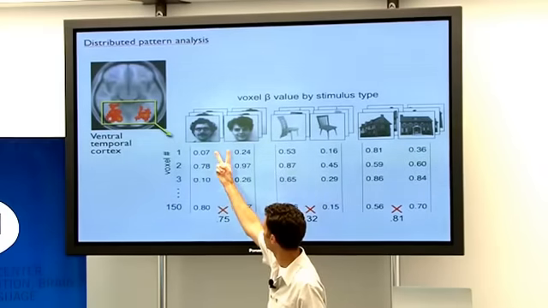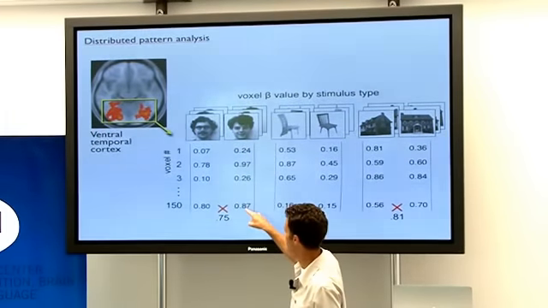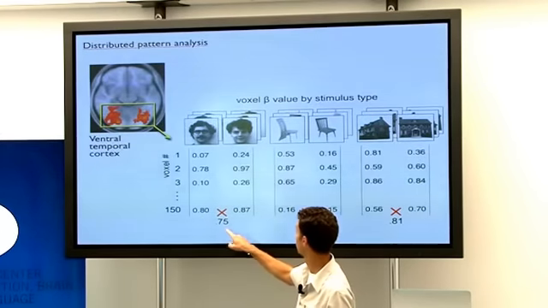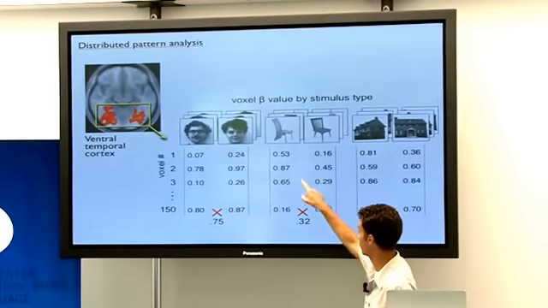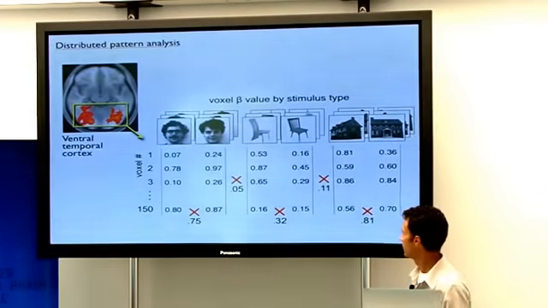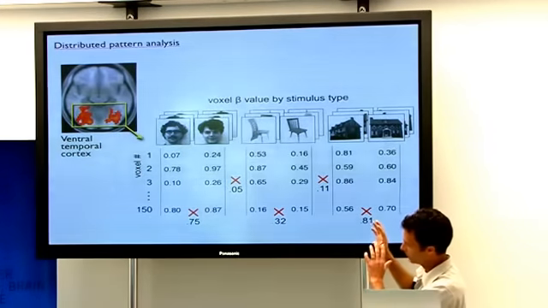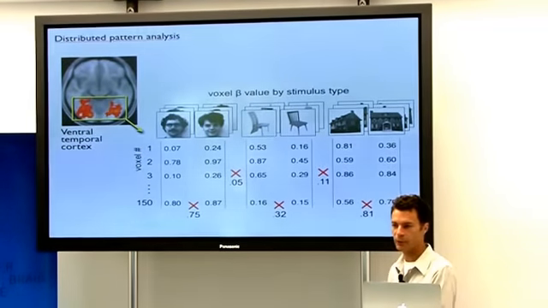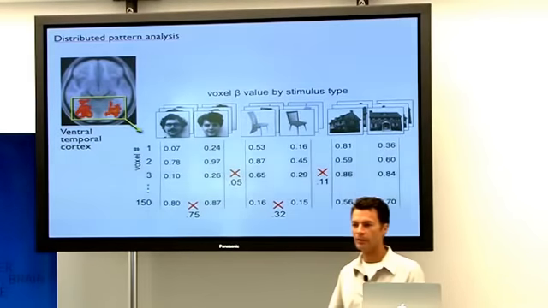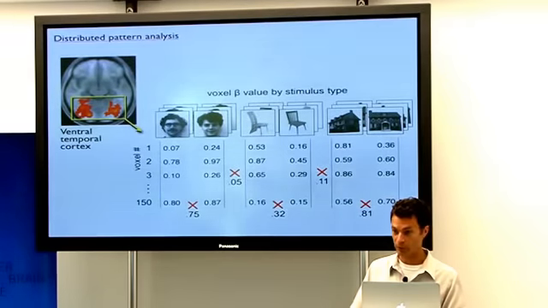So these two faces evoke similar vectors or patterns of responses across all the voxels, so they're correlated at 0.75. And the same with the chairs, they have similar patterns, and the houses have similar patterns. But the patterns between the categories are not as similar. This is one type of multivoxel pattern analysis. There are other techniques where you take these vectors and use them as information to train machine learning classifiers and support vector machines.